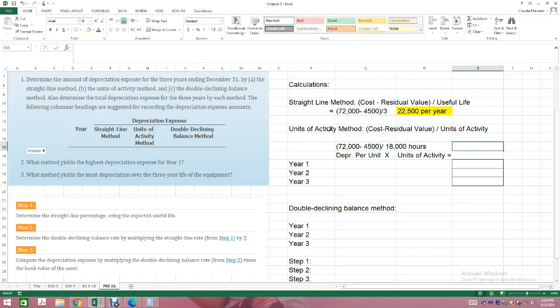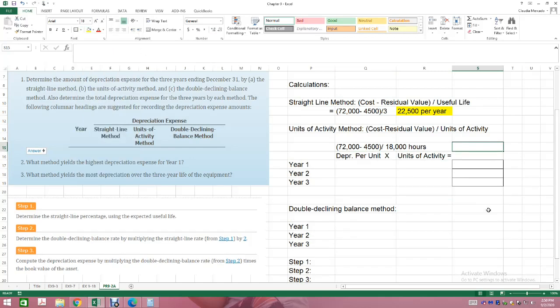Okay, and we get, let me see what we get. Okay, so we're going to get the 72,000 minus the 4,500 divided by the number of hours, which is 18,000. That gives me $3.75 per unit.